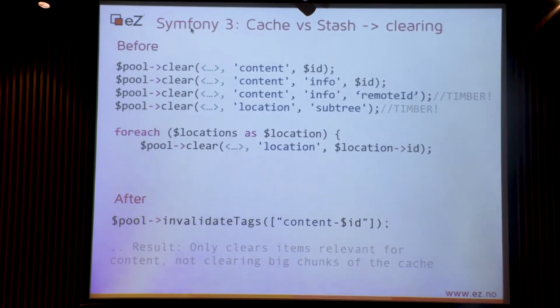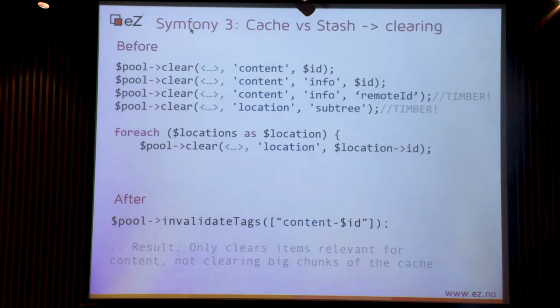With Stash, when you clear something, you would need to clear everything, and in some cases also subtrees of the cache. So you would clear content. This is on a content change. Internally in AC we would need to clear content info remote ID, but because we don't have that, we will need to clear all, and so on and so forth.